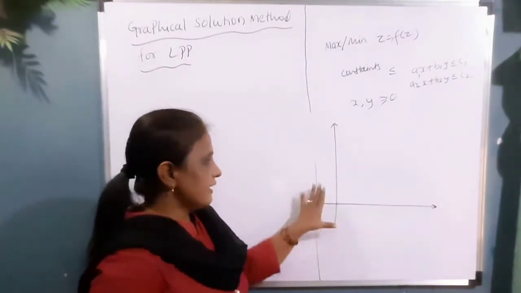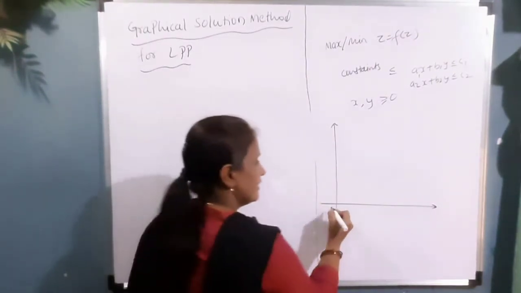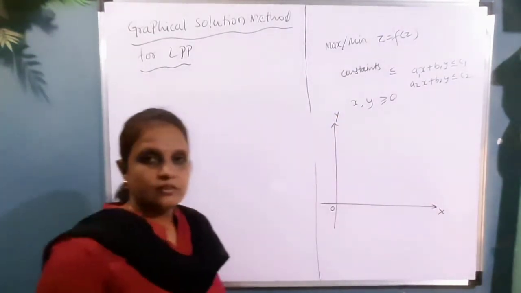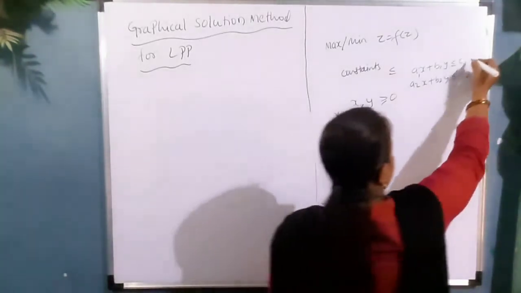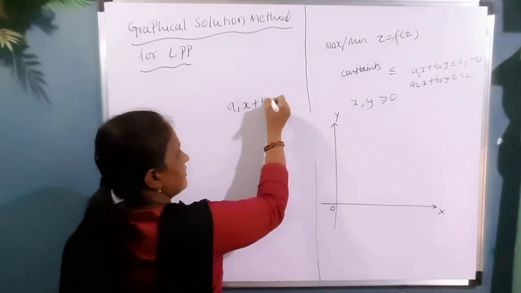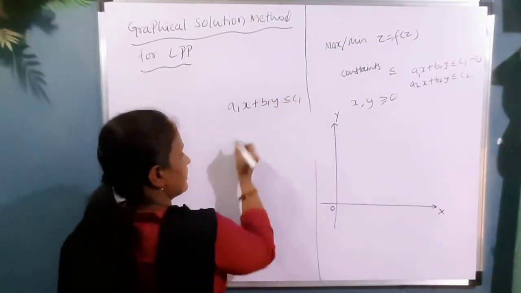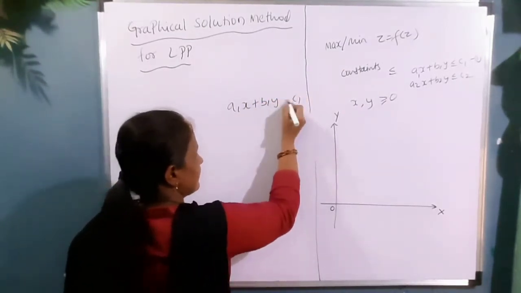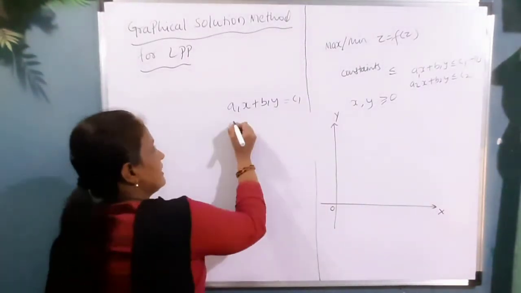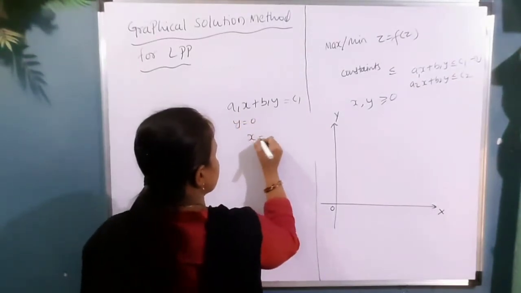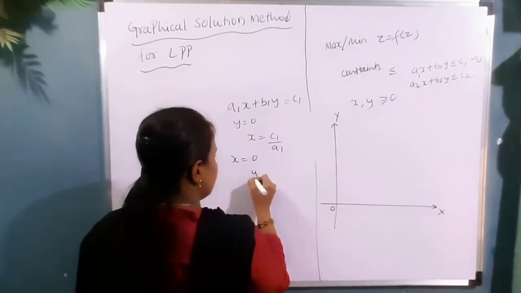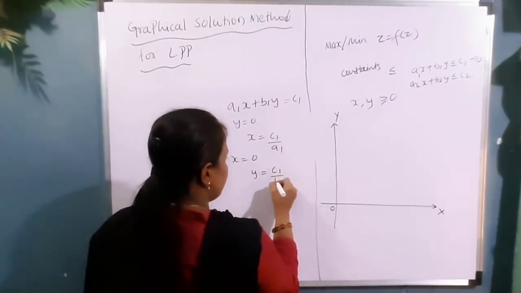We take a graph of two dimensions, with origin O, x-axis and y-axis. We take the first constraint, a1x plus b1y less than or equal to c1. For solving, we assume it as equal to. First we take y equal to 0 and get x equal to c1 by a1. Next we take x equal to 0 and get y equal to c1 by b1.